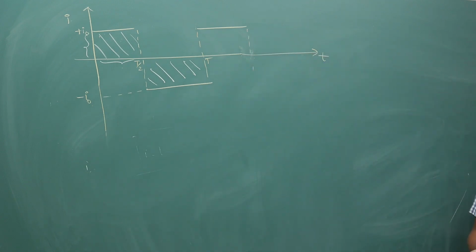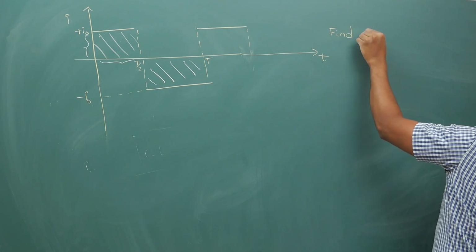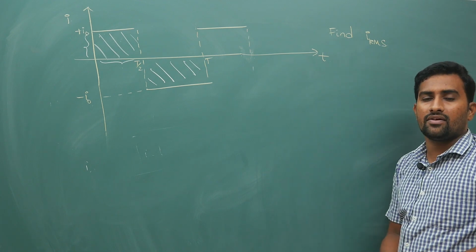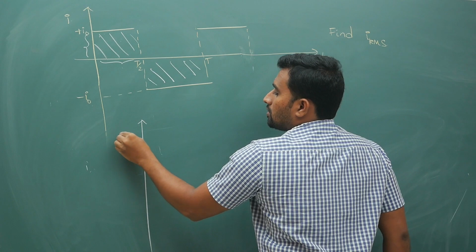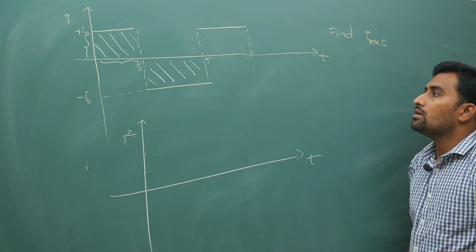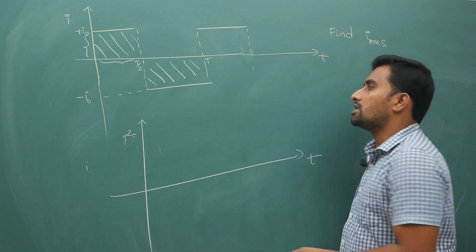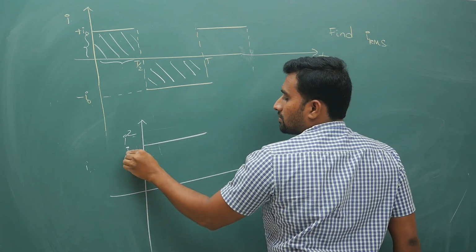This is the graph. Now in the same question, if I ask you to find I RMS for half cycle and full cycle, what are you supposed to do? You are supposed to draw the I square versus t graph. Even though I is negative, I square is positive, square of any number is positive. So from 0 to T by 2 it is I naught square.